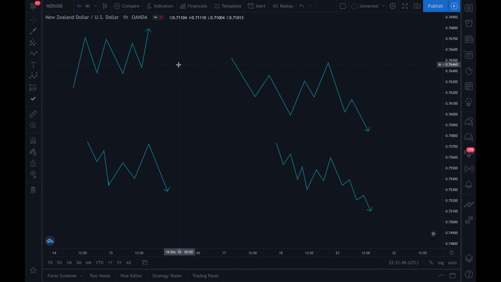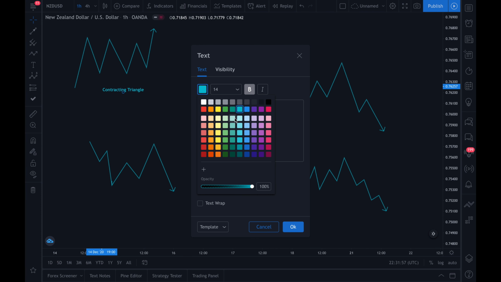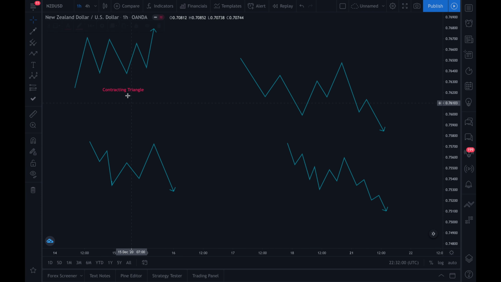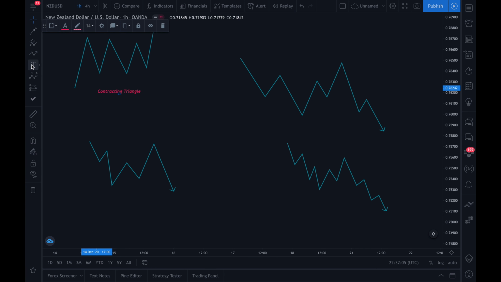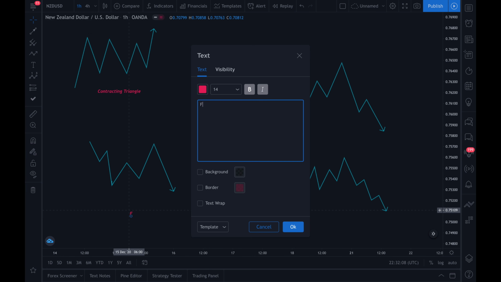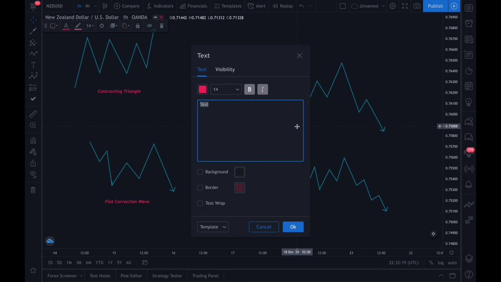This is termed the contracting triangle wave. I'll make this in a different color for you guys. This is a contracting triangle. This is termed a flat correction wave, which is what we term it in our A&A Pinnacle strategy. And then this is a WXY, or a double combo wave.